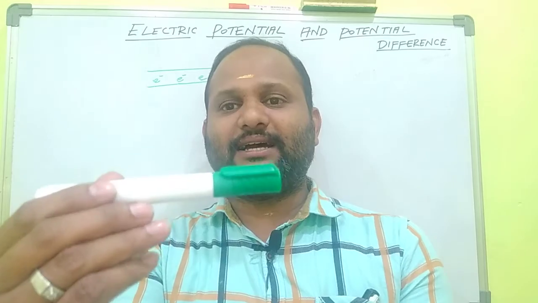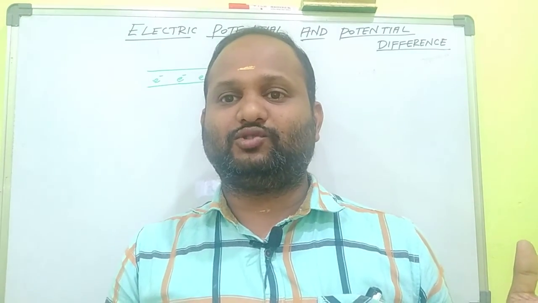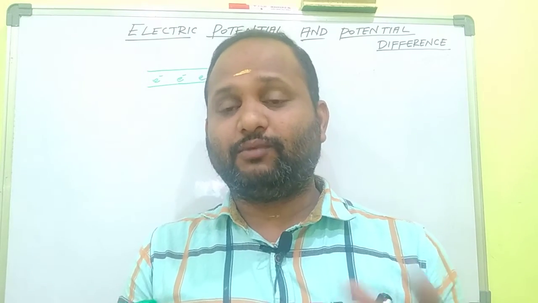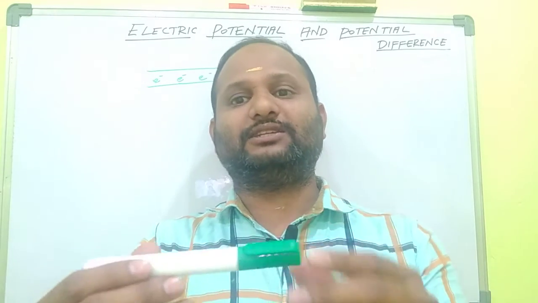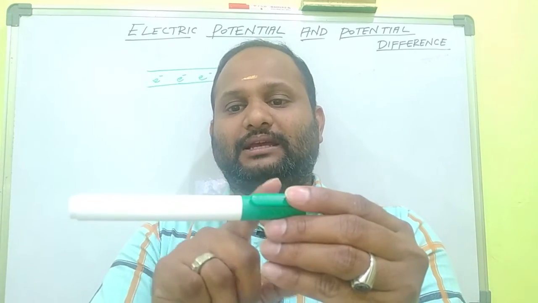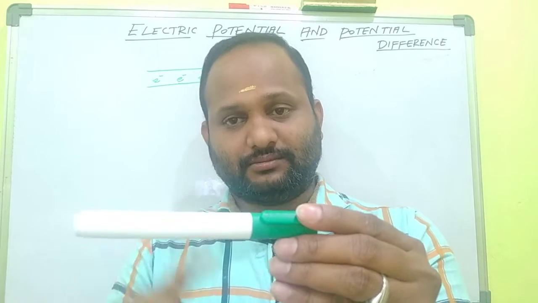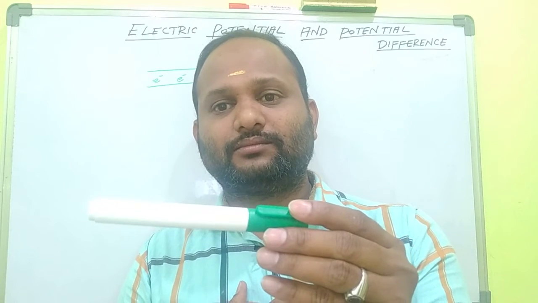Likewise, in a wire, electrons are randomly moving in any direction, so the net movement of electrons is said to be zero. But we want to set the electrons into motion in a particular direction, for example in this direction. Then what are we going to do?